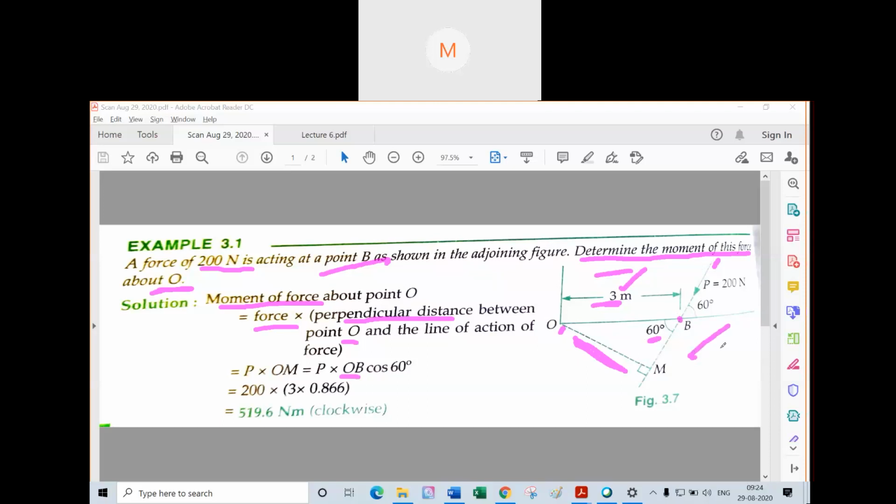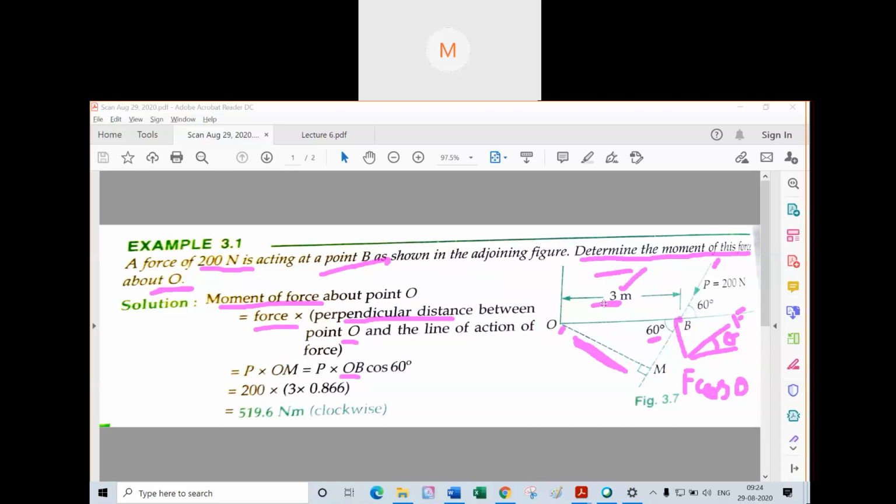Suppose this is F, and if this is theta, then this is F cos theta, and here it will be F sin theta.